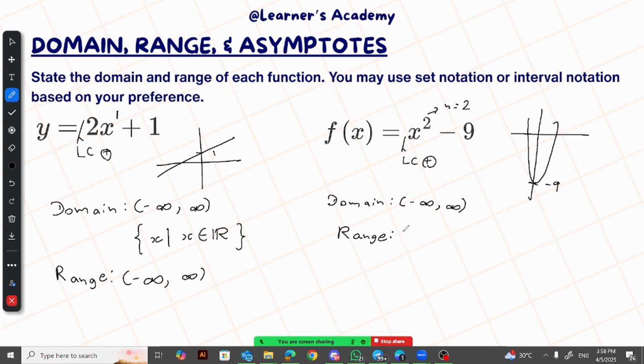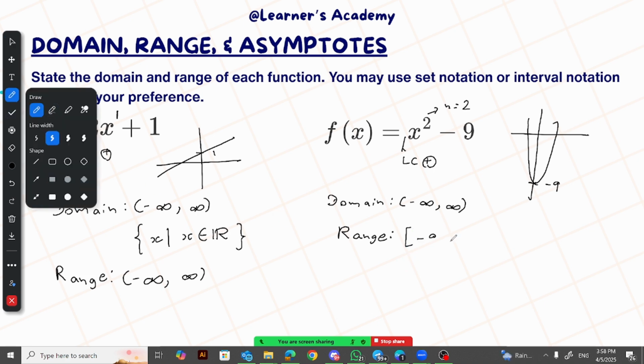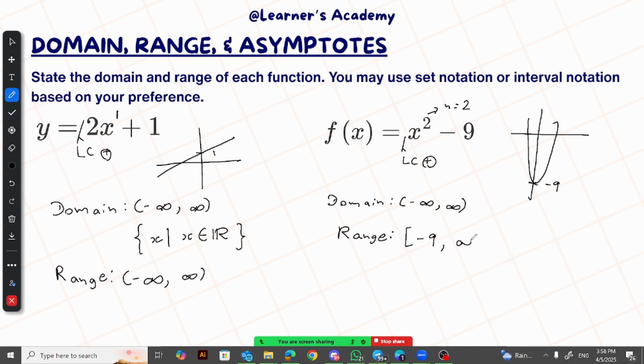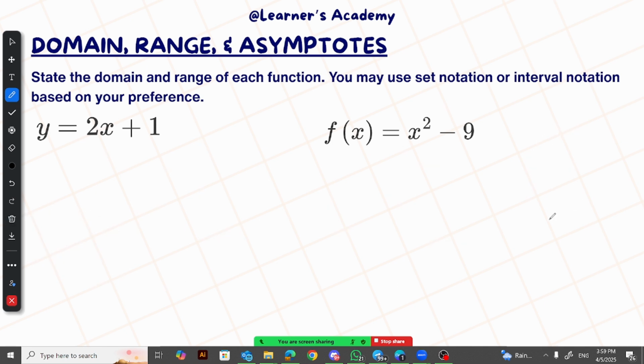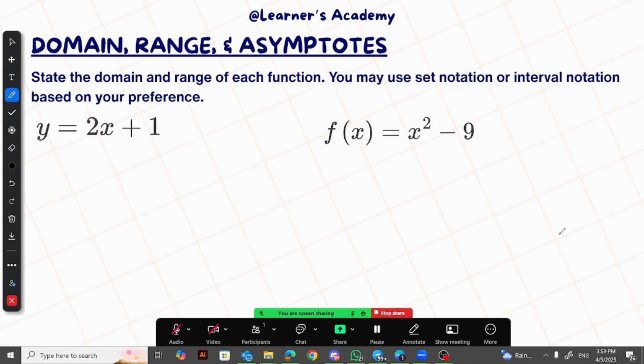So from this, we can conclude that the range is negative 9 to infinity. So it goes from negative 9 only upwards up to infinity. It doesn't go any lower. Okay, so that's that. And then let's move on to the other questions.